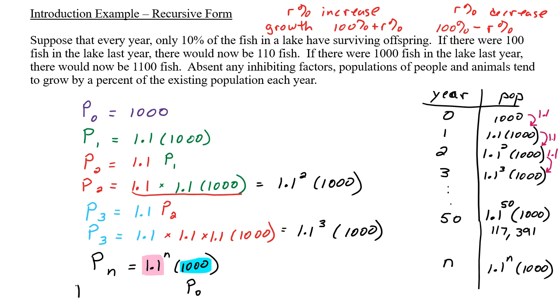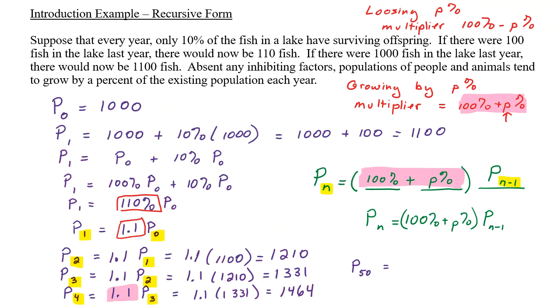So that's where this 1.1 came in. So our general equation then, explicit, actually, hold on. I copied this from the other slide. This isn't the recursive formula now. What we're doing is the explicit formula. So the recursive formula is this bit right here.